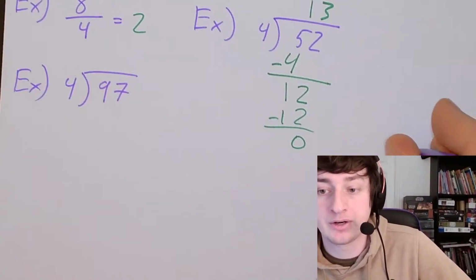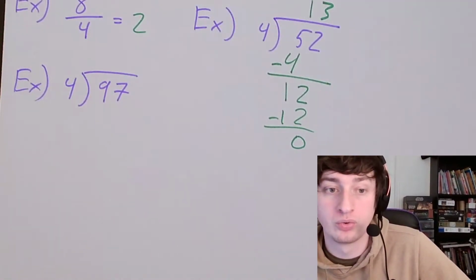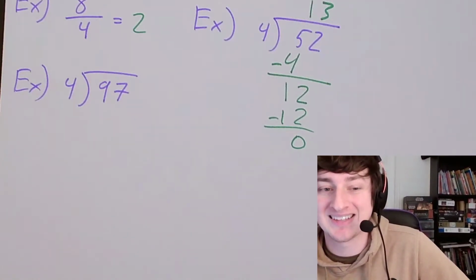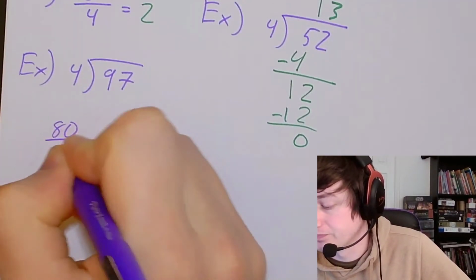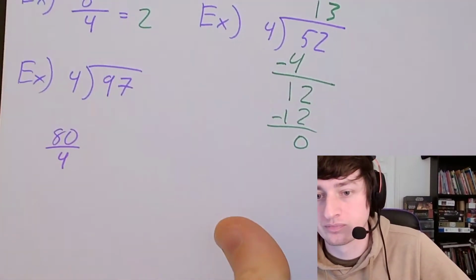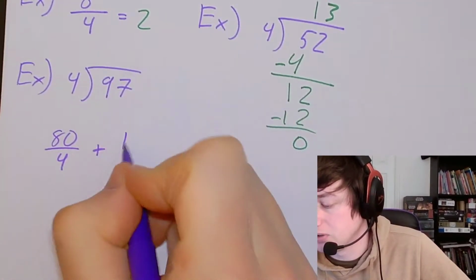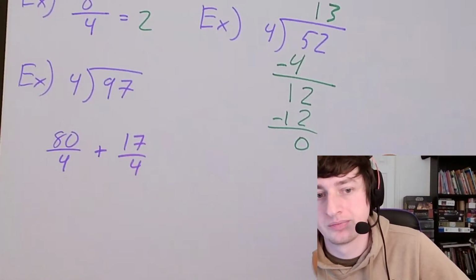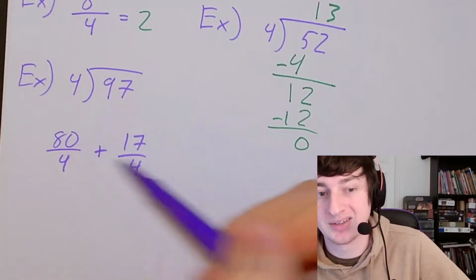Now, I already know a number close to 97 that 4 goes into really well, and that's 80. What would be left? 17 over 4? Right, so I've split this 97 up into an 80 and a 17.